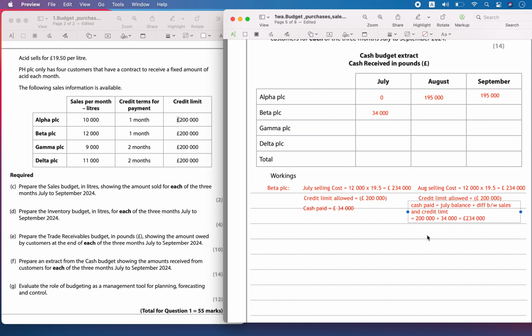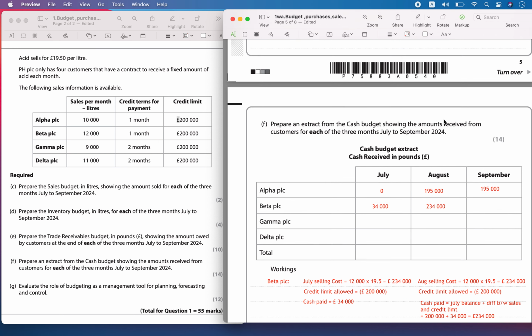You will see for Beta PLC, they would end up paying 234,000 cash for this month, because it's only a 1 month credit policy. So it will become equal to 234,000. And for the month of September, let's calculate.